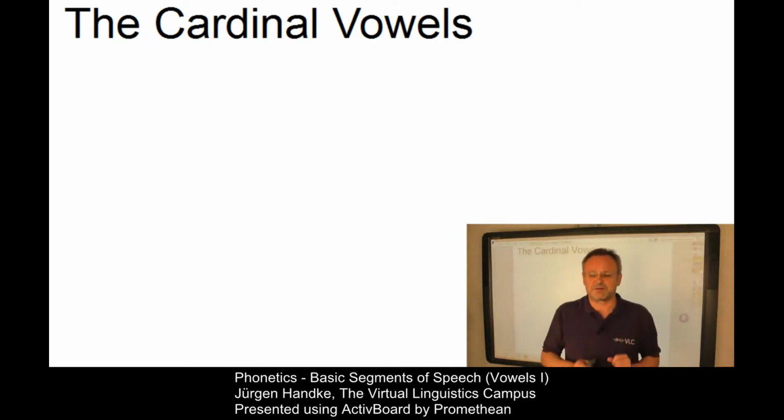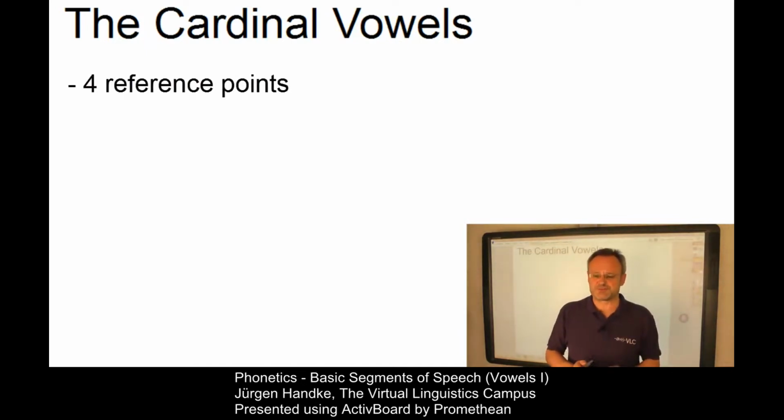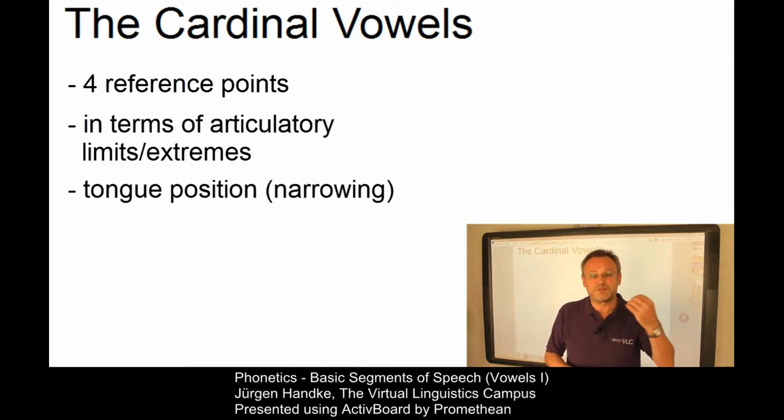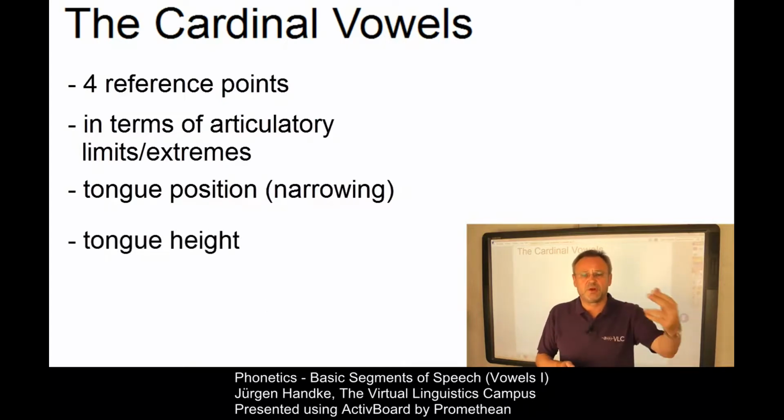The cardinal vowel chart defines 4 reference points in purely articulatory terms, representing the extreme limits of possible vowel quality. These limits depend on the tongue position, that is, where in the mouth the tongue creates some sort of narrowing, and on tongue height.